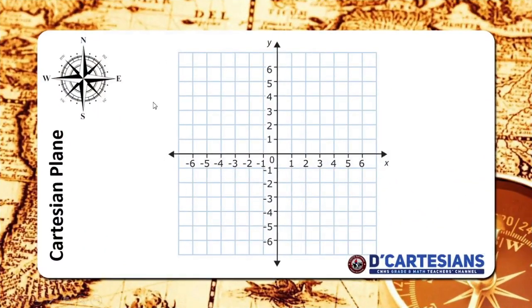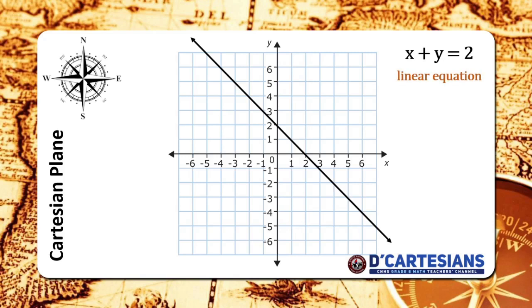Okay. Here is a blank Cartesian plane. At ibabalik ko yung line natin kanina. What if I tell you that this line has an equation? At ang equation niya ay ito, x plus y equals 2. Okay? This equation is a linear equation. Okay? Hindi ba obvious?